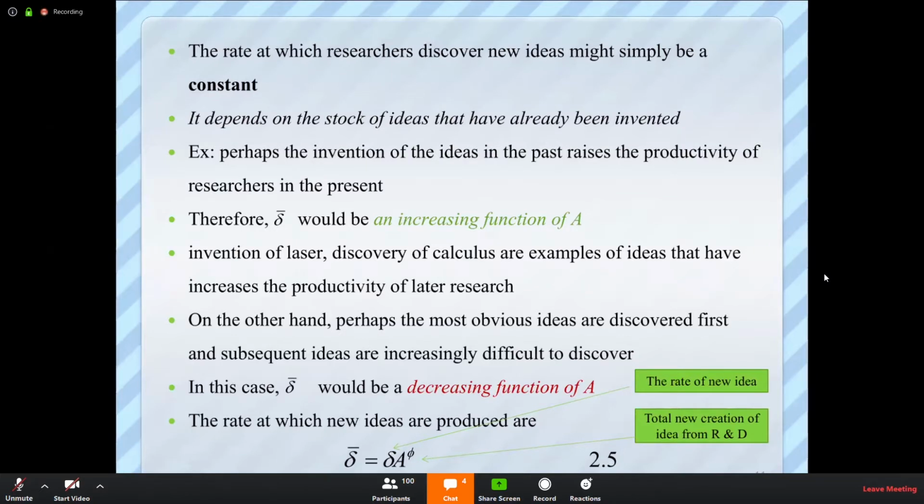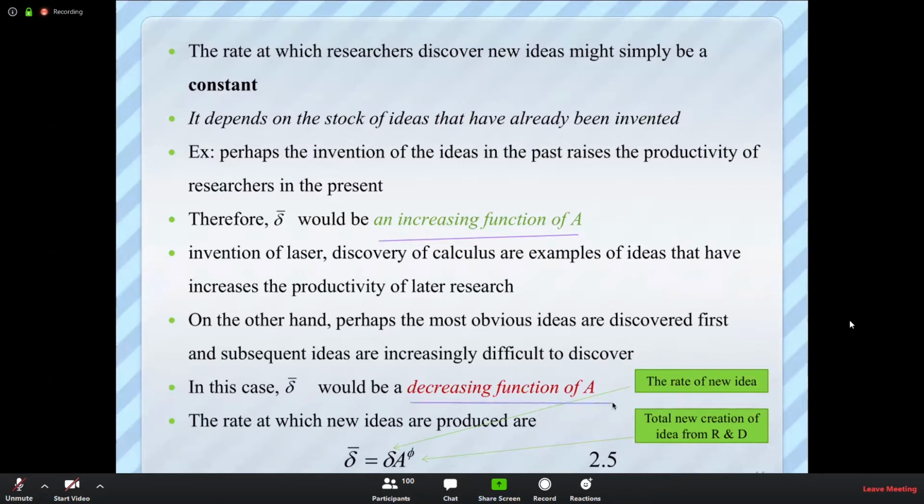What's the point of having too many researchers, but they take years to come up with one idea, right? So that's the meaning of the rate. So the rate at which researchers discover new idea might simply be a constant, or it can be an increasing function.